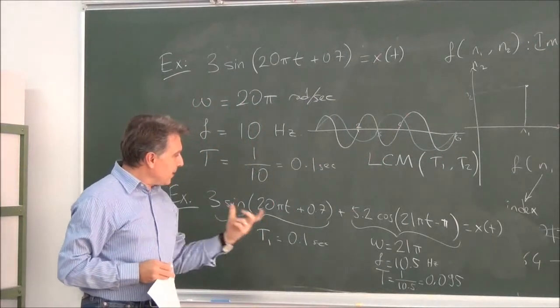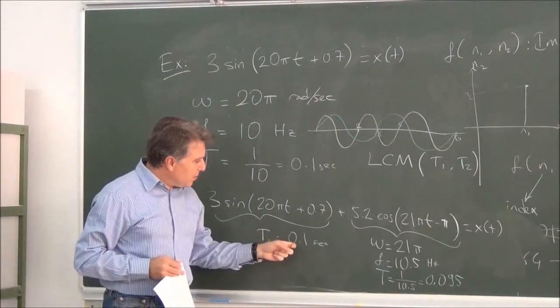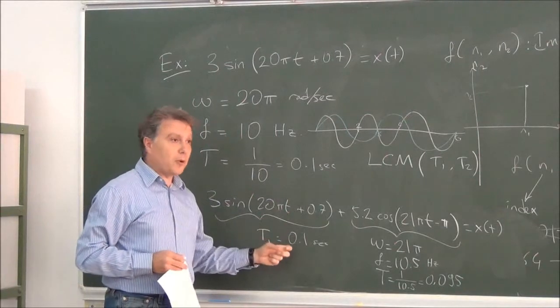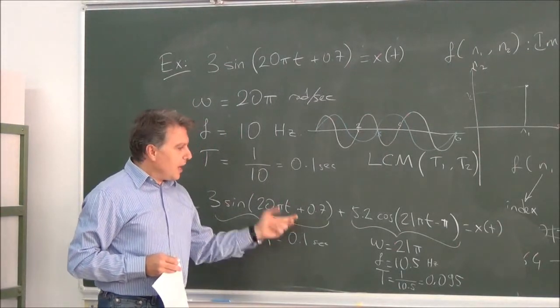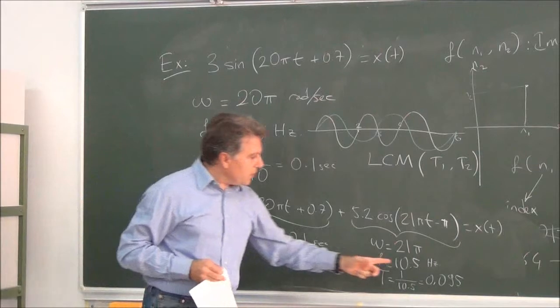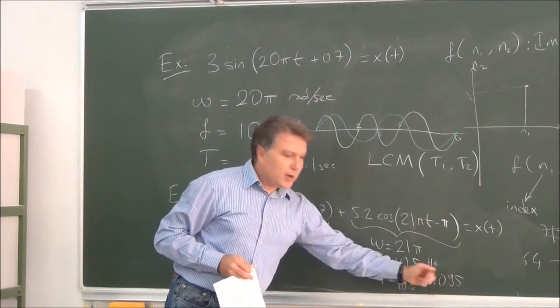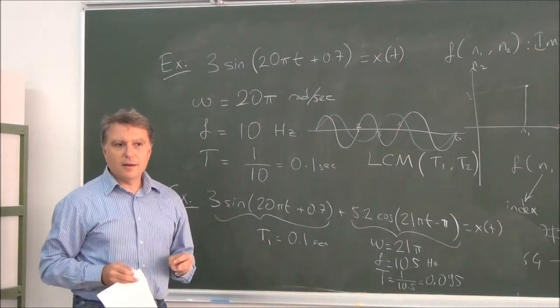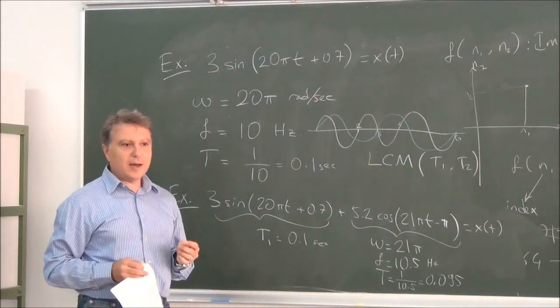So you must find a number which is an integer multiple of 0.1, and also an integer multiple of 0.095. That's what you need to find.